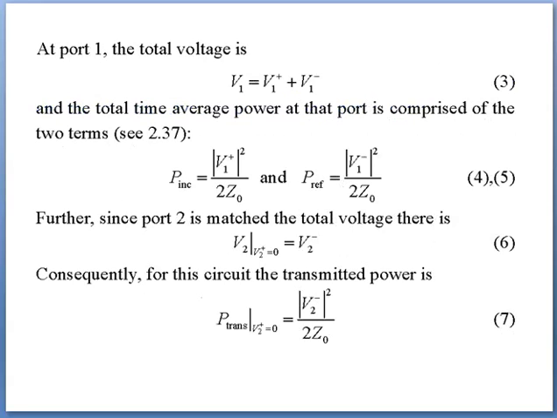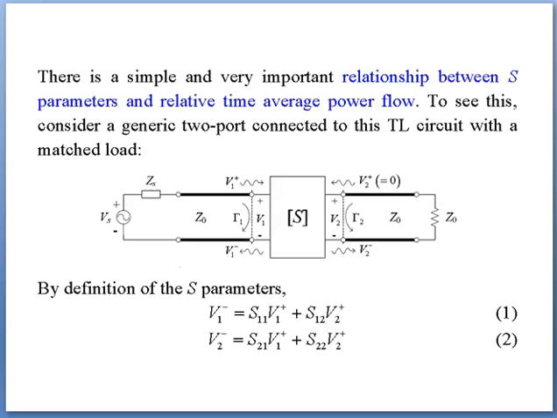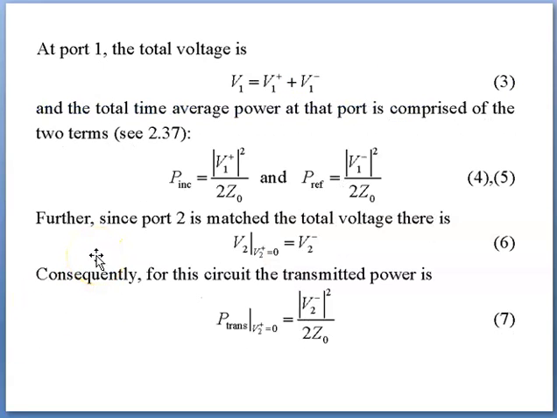At port 1, the total voltage would be V1, which is actually the combination of V1 plus and V1 minus. V1 is the addition of V1 plus and V1 minus. So the total time average power at that port is comprised of two terms: P incident and P reflected.